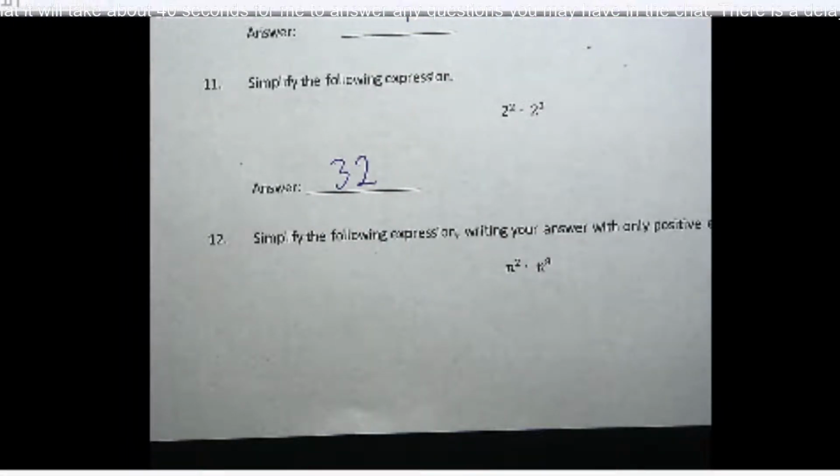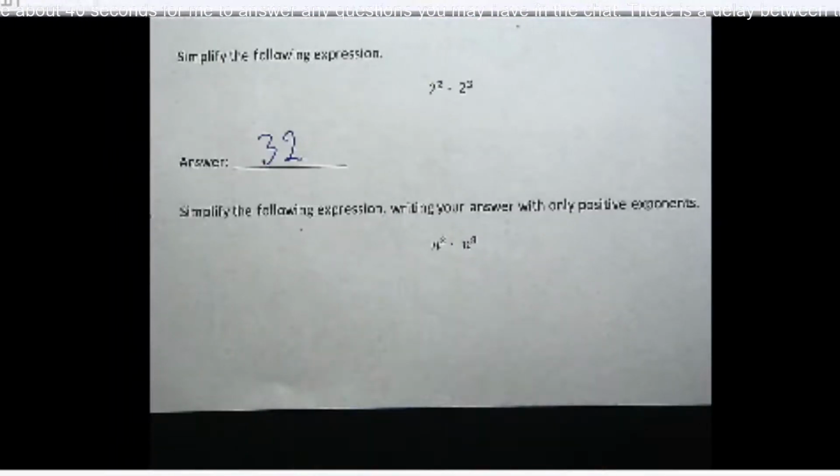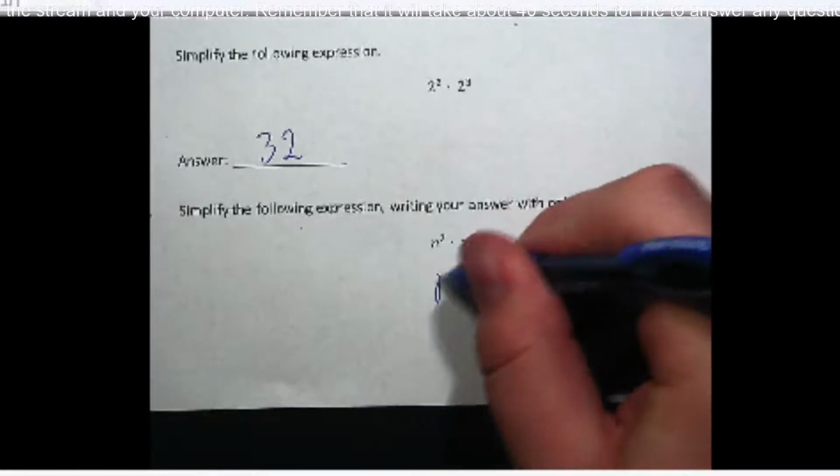It's those binary or computer numbers. Really just powers of 2. Okay. So next, we've got basically the same thing, just n's instead of 2's. So 2 plus 8 is going to give us n to the 10th.